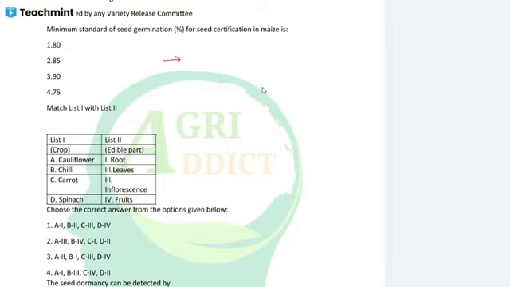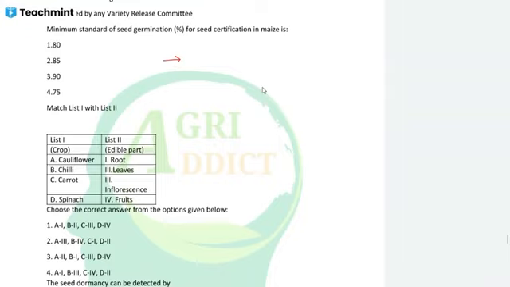Is this true? Okay, it's not true. Any variety can be protected even before. If it is one before 2000, it can also be protected.